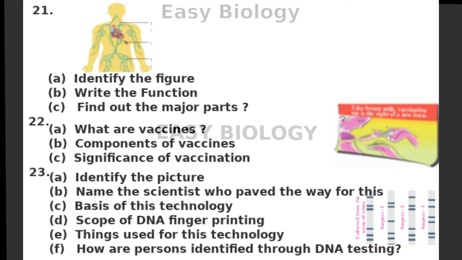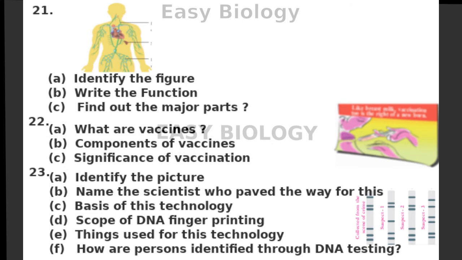Basis of this technology. Answer: just like the difference in the fingerprint of each person, the arrangement of nucleotides in each person also differs. This is the basis of DNA testing.